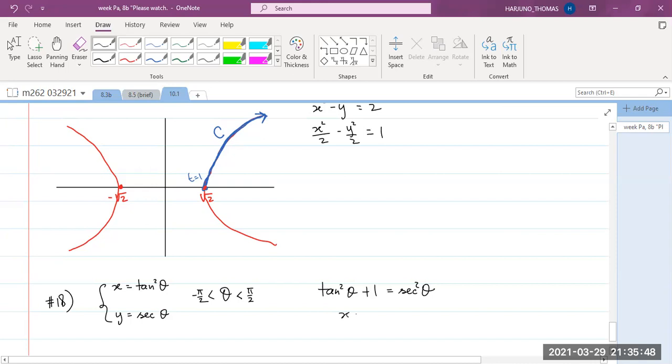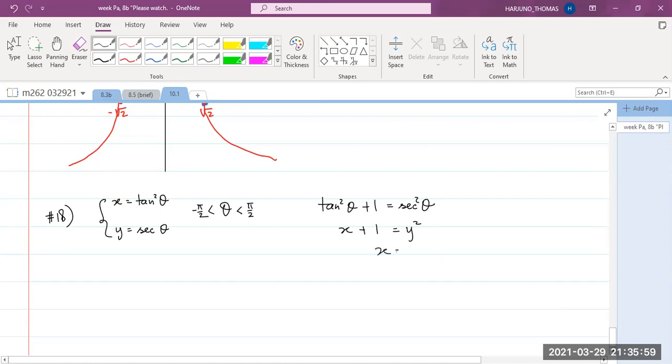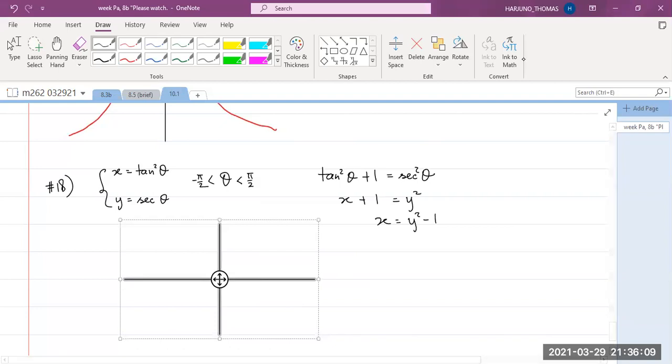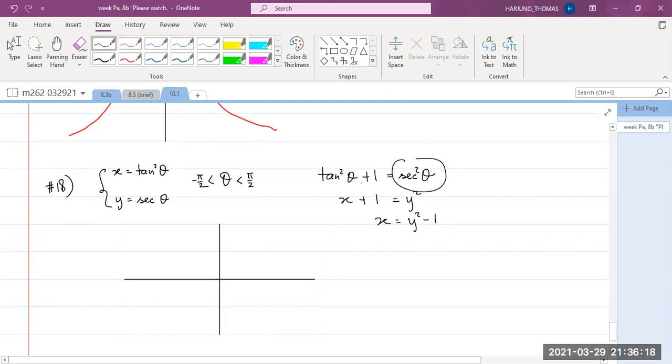So x plus 1 equals y squared. That's how I eliminate the parameter. So x equals y squared minus 1. Why is the y being squared? Well, because tangent squared plus 1 is secant squared, and the y is secant only, not secant squared.